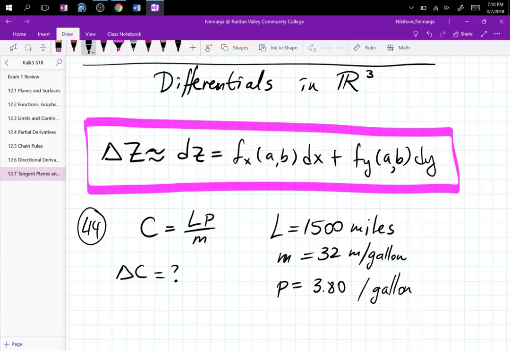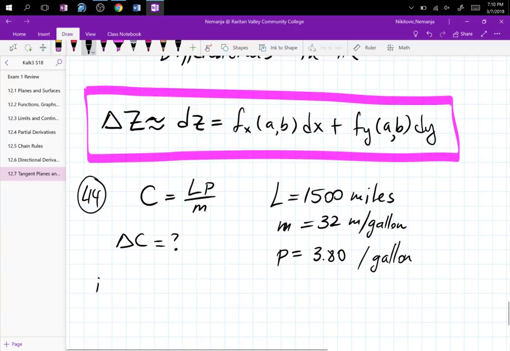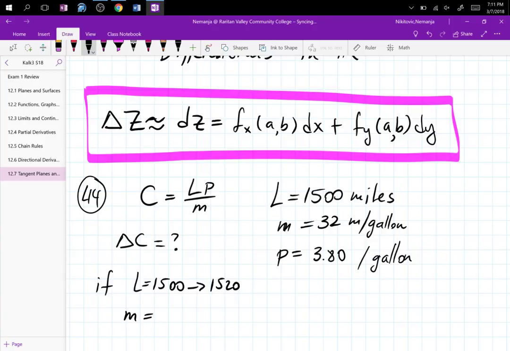If you drive an extra 20 miles, so if L, which is planned to be 1500, goes to 1520, and miles per gallon by some miracle go from 32 to 31. Oh no, it's not by miracle. This is actually realistic because, yeah, the more you drive the car, the less efficient it gets.